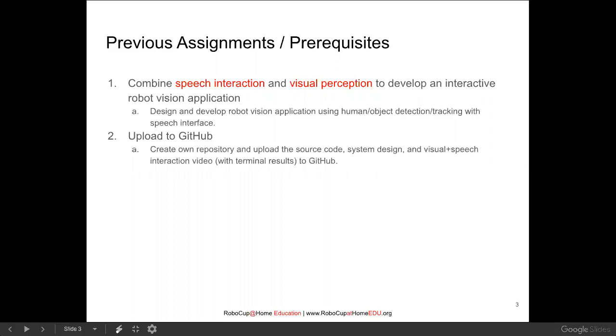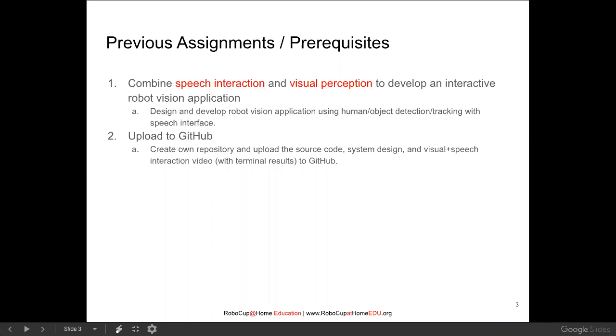So that is the previous assignment, and today we will use this system, especially the speech part, to add in robot navigation. So you can actually instruct the robot to move to certain places, to go to a certain room, to find someone, and so on. You can combine the speech with the navigation, and also add on the visual perception later on. For example, if you ask your robot to move to the living room and find a guest, first you use the speech to move the robot to a certain place.